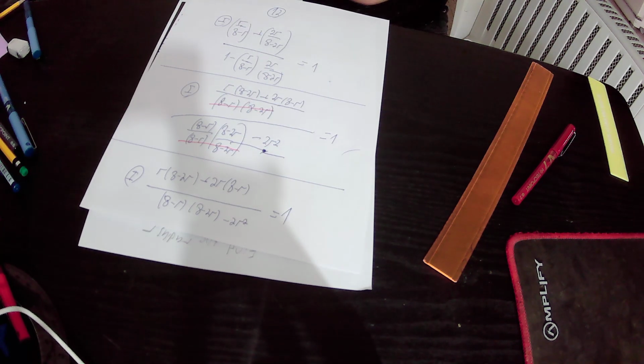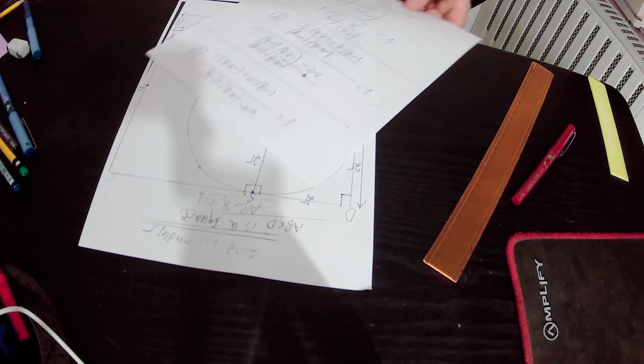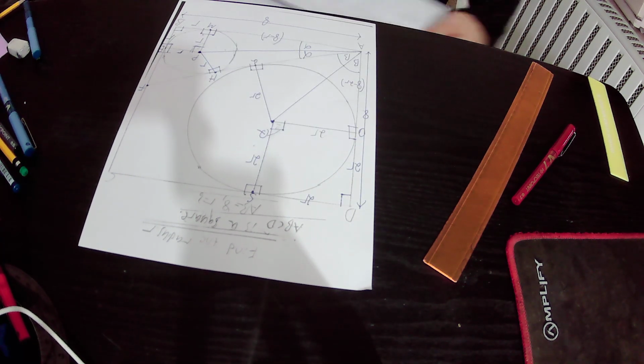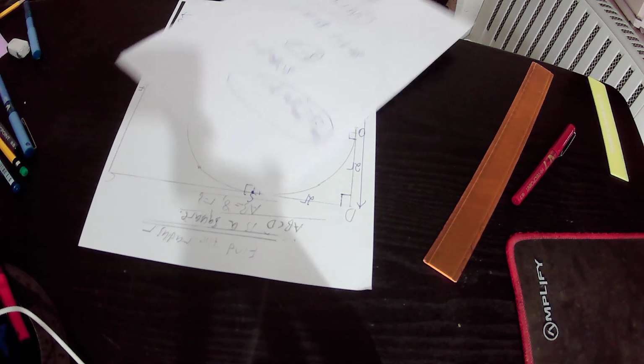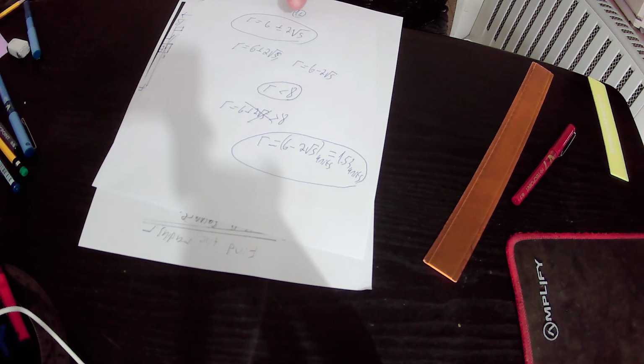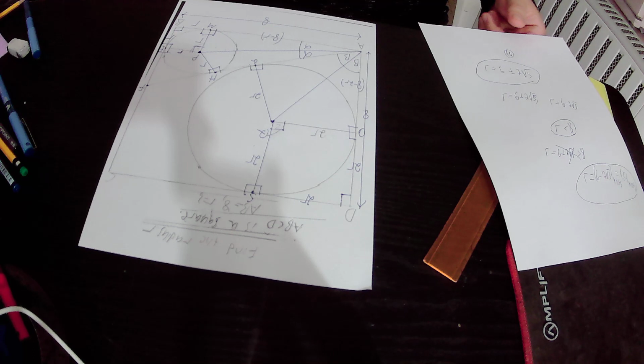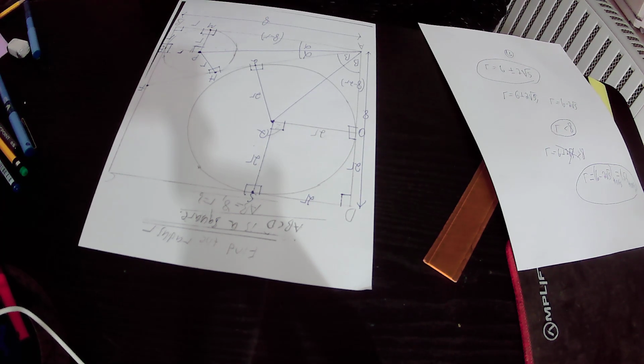We solved this equation number 1, and we got 2 solutions. The first solution is that the radius of the small circle equals 6 plus 2 times root 5 units, but it is impossible that it equals 6 plus 2 times root 5 units, which is greater than 8 units, because the small circle is totally located inside the square.